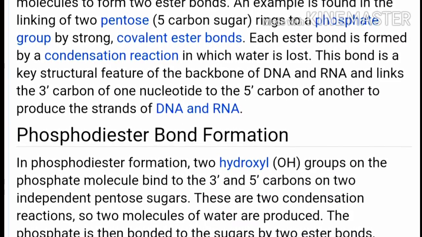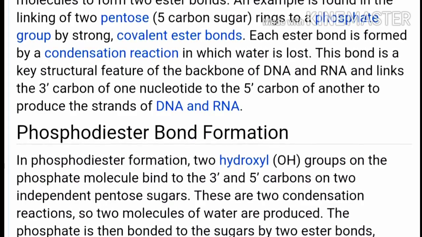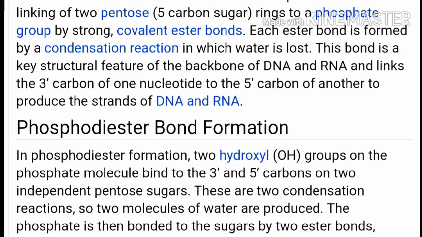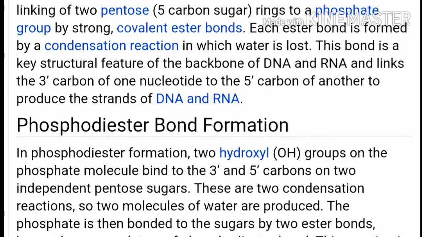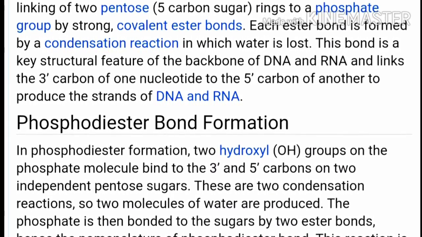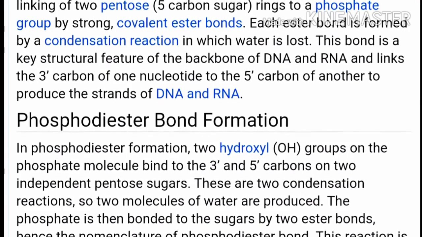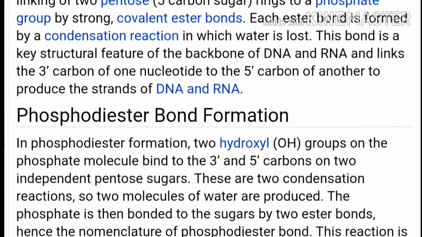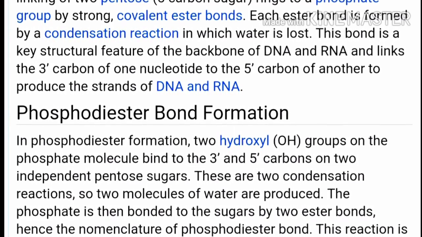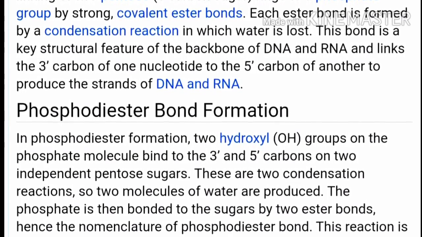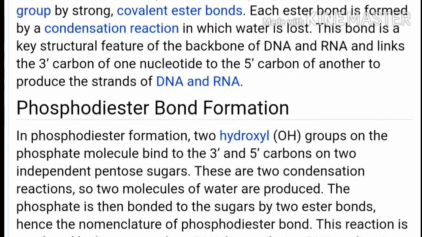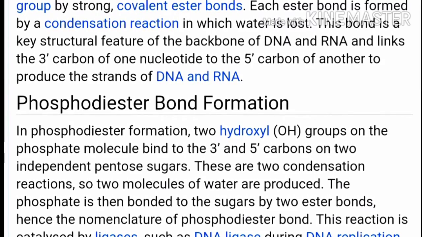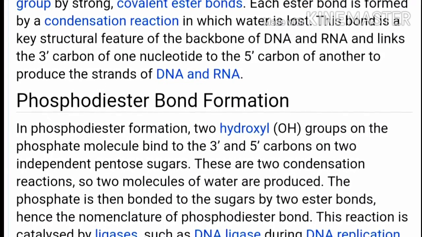Next, the process of phosphodiester bond formation. In phosphodiester bond formation, 2 hydroxyl groups on the phosphate molecule bind to the 3' and 5' carbons on 2 independent pentose sugars. Those are 2 condensation reactions, so 2 molecules of water are produced.